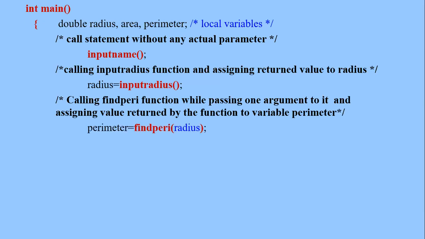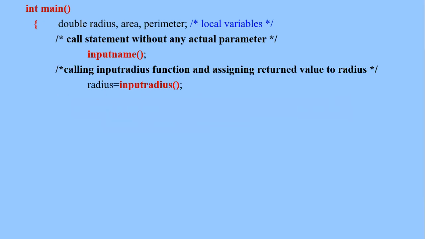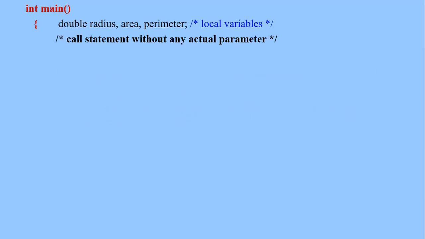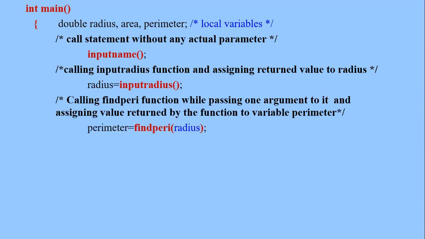Note, this function has brought a value for radius, and that value has been stored in the memory location declared as double radius. So our memory location called radius already contains a value, and that value is now being picked by this other function here.